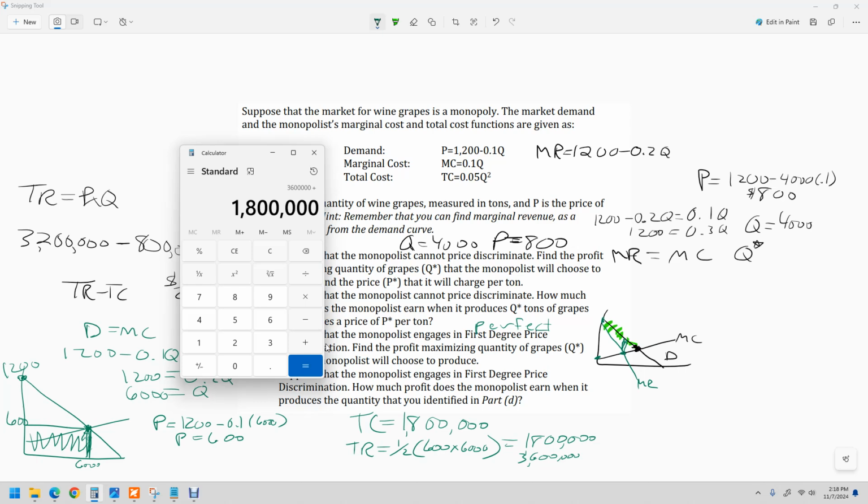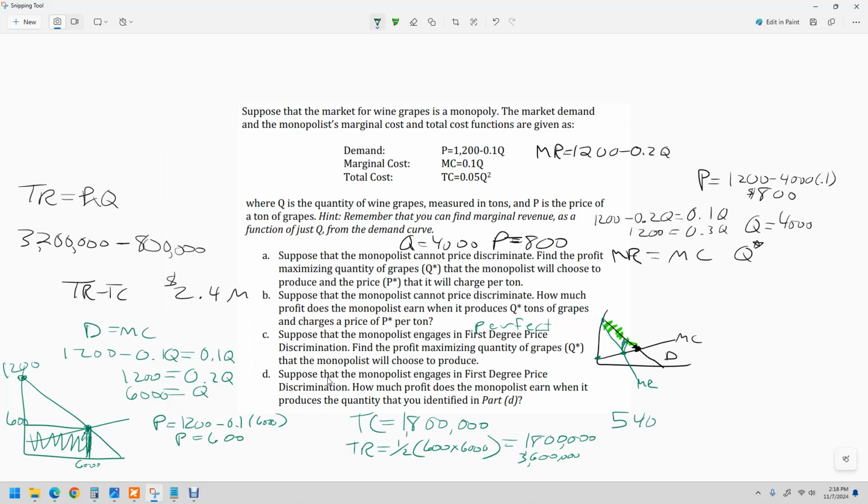So that's our total revenue. Our total revenue is 5.4 million. 5.4 million minus 1.8 million, and that gives us our profit, which is 3.6 million.